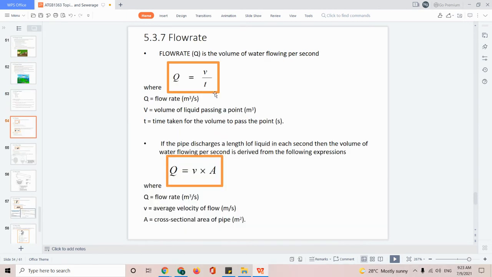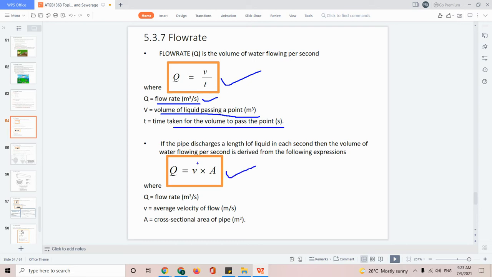But before that, we need to know some basic formulas, which is the flow rate of water, where we have Q equals V over T. Q is the discharge rate or the flow rate given in meter cube per second, which is how much volume passes through in a second. So Q equals V over T.